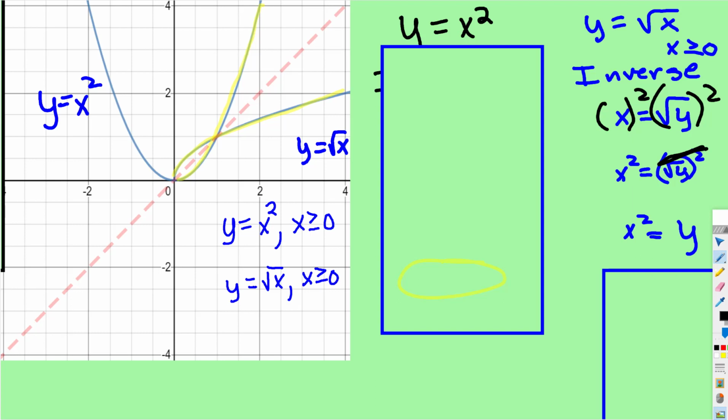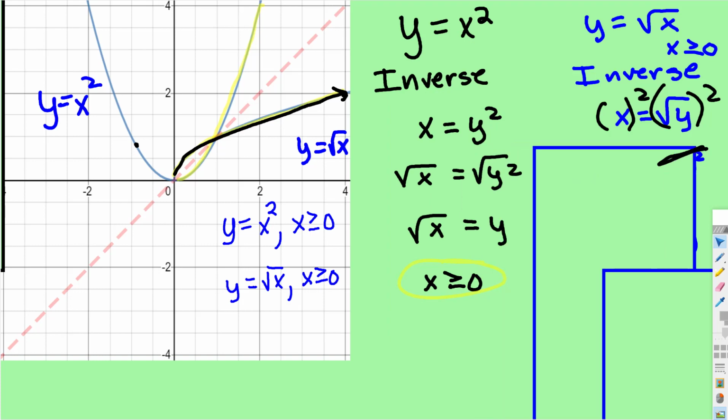So notice here we have y is equal to x squared, and this graph right here is y is equal to the square root of x. And remember what we said about the inverse of the x squared? The only domain that we can look at is this domain.